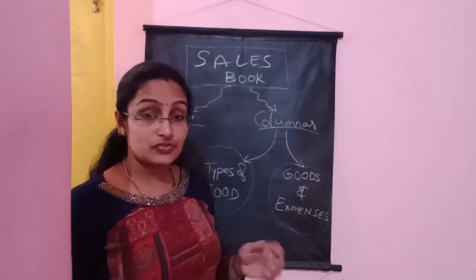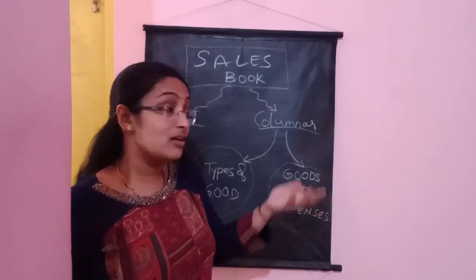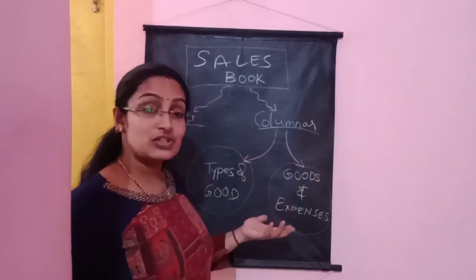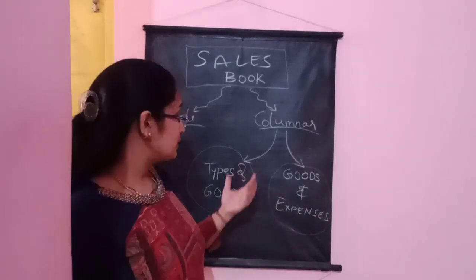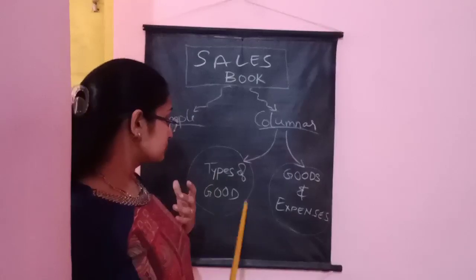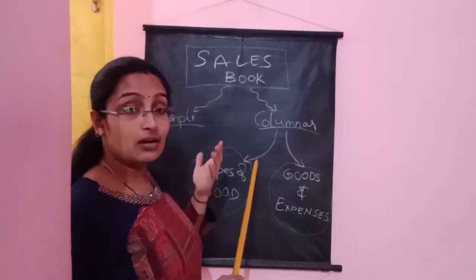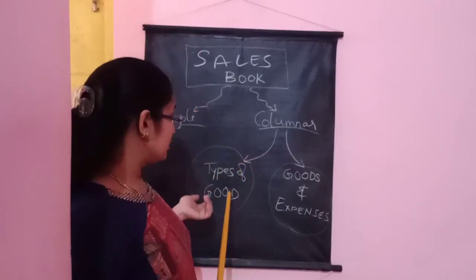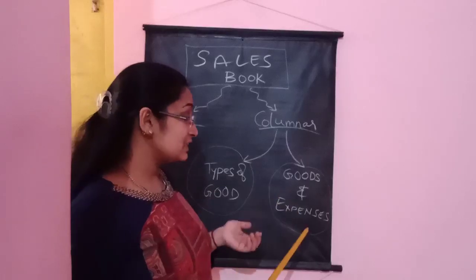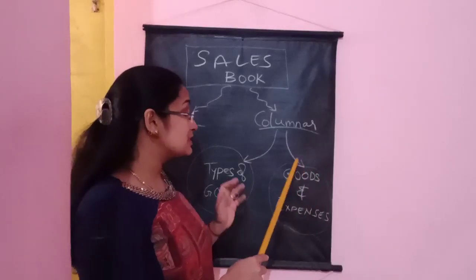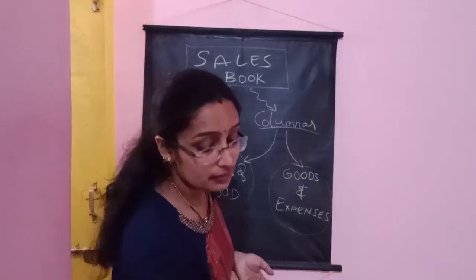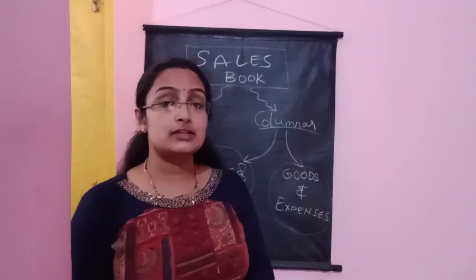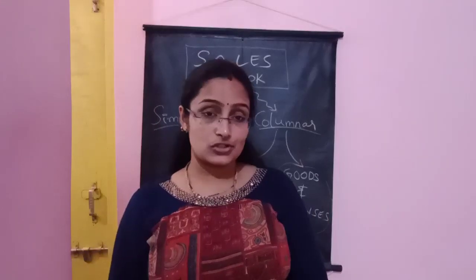And if I am a merchant of furniture, then maybe I will be writing the columns for chair or table or cots etc. That was the columnar sales book based on the goods. And the other type is the columnar sales book on the basis of goods and expenses. Expenses again may be railway freight, taxes or octroi.